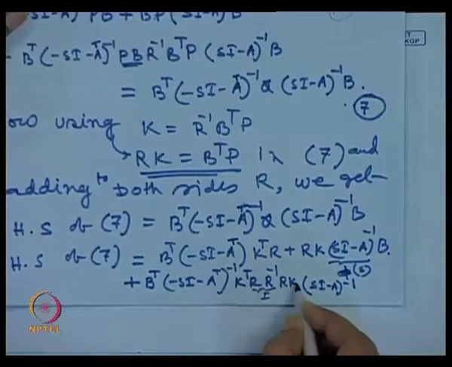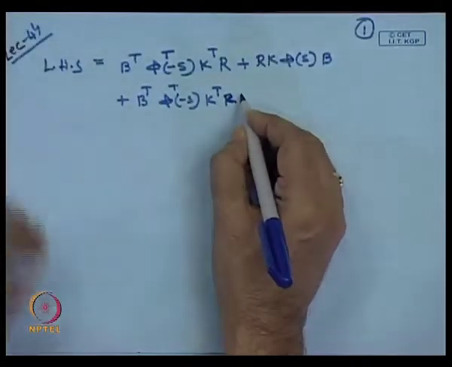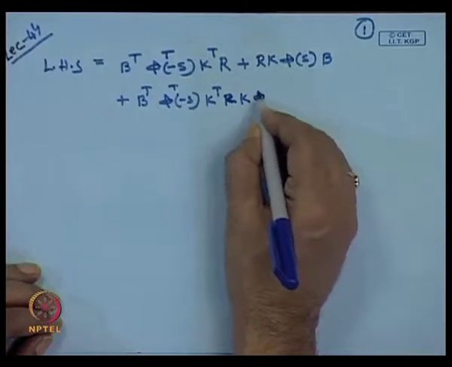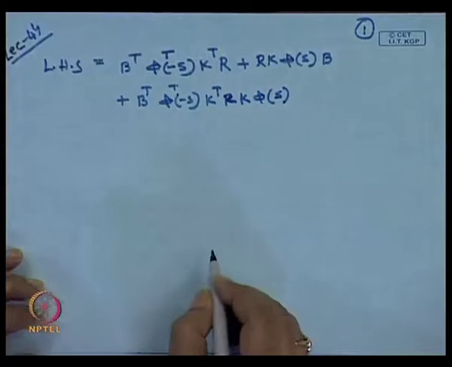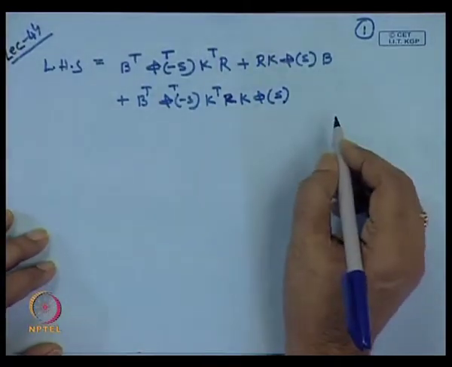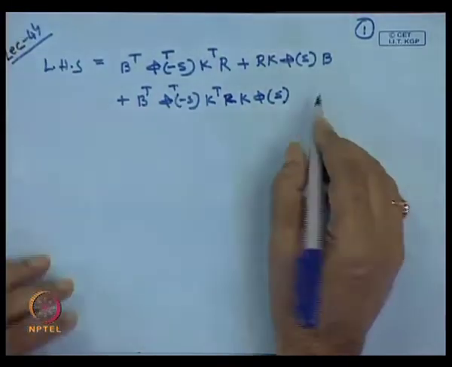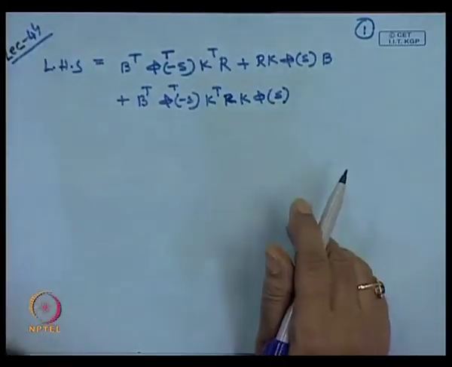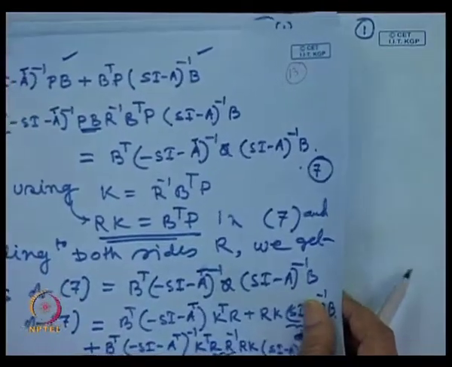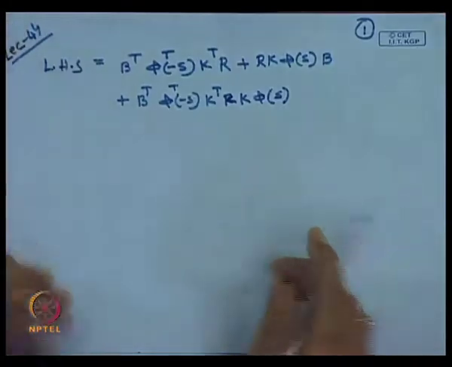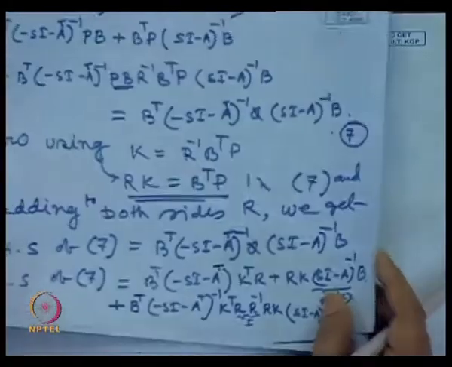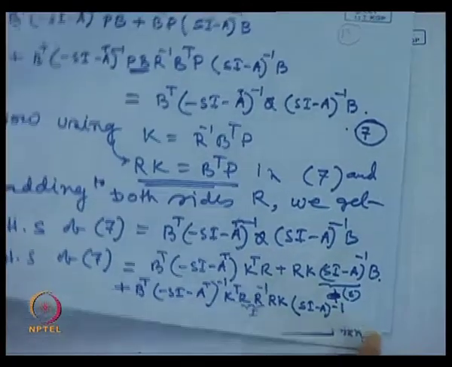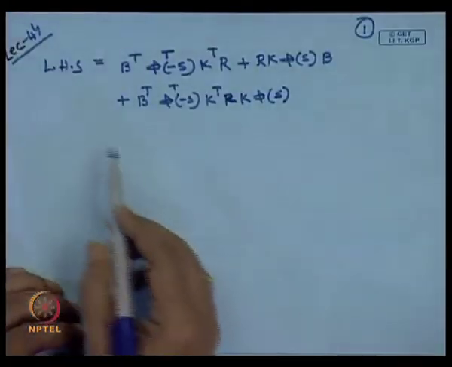So, K transpose R K plus phi K, phi S, agree? So, this we have written, then this plus this, so this we can write as this.